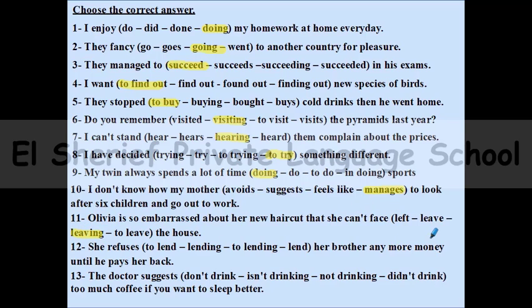Number 12, she refuses blank her brother any more money until he pays her back. So the main verb here is refuse. So can you remember if refuse is one of the verbs which are followed by infinitive or ing? Yes. Number 12, she refuses to lend. Yes, great. Refuse is one of the verbs which are followed by to plus infinitive.